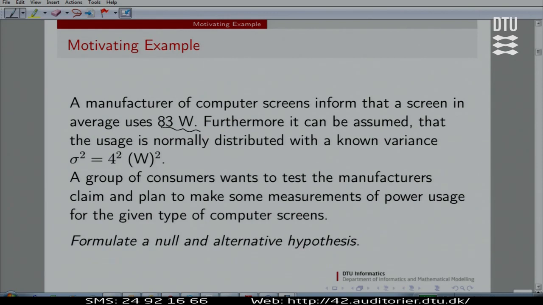It can be lethal if it's too much in one direction, and it can be lethal in the other direction if there's too little in such tablets. So this is maybe a less stressful example. So let's stick to computer screens and how many watts they are using.